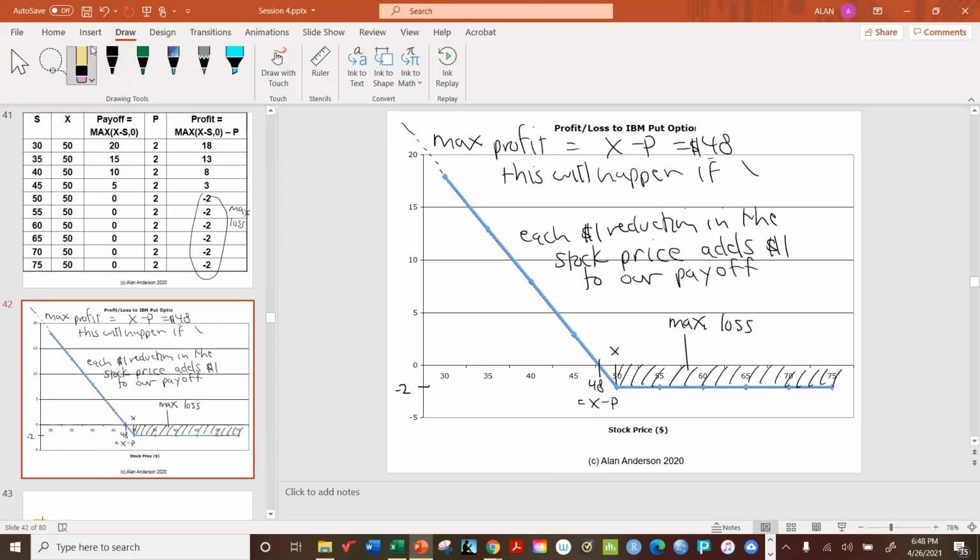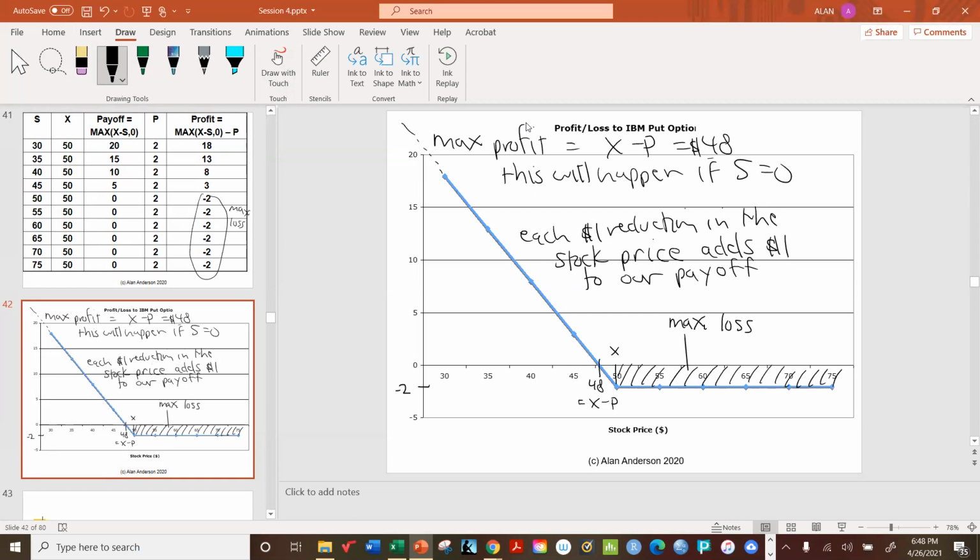If the stock goes to zero. So the stock price goes to zero, we'll have an X dollar payoff, but we have to pay for the put. So in this case, that would leave us with a $48 profit. It cannot go any higher than that because the stock price can never be negative.